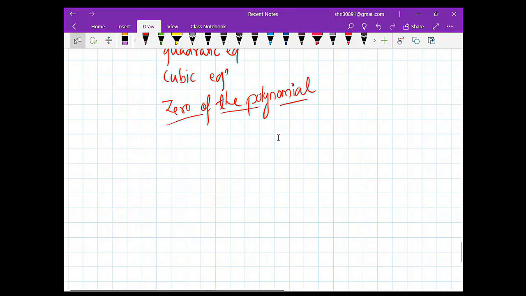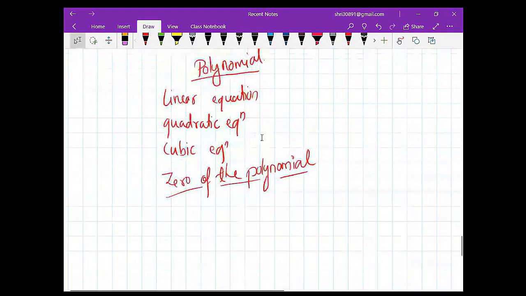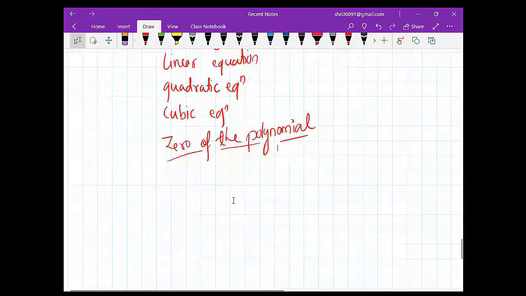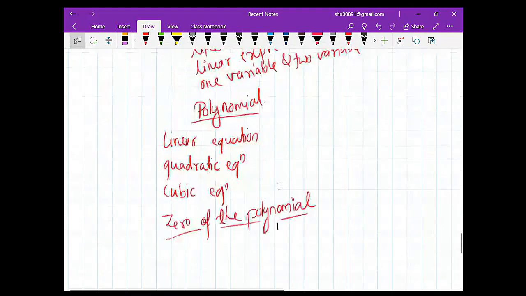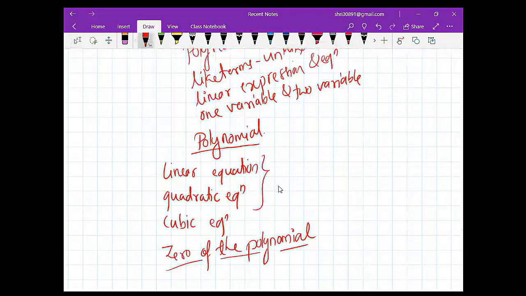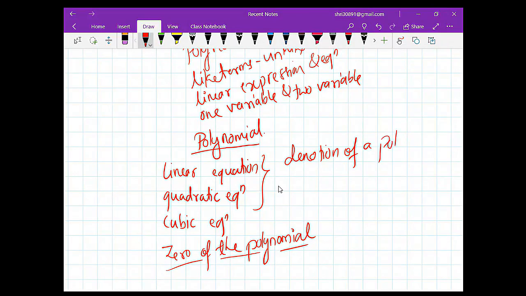Linear equation, quadratic equation, cubic equation, and the zero of the polynomial. And how we denote the polynomial, the notation of a polynomial. All these things we will learn in the next class.